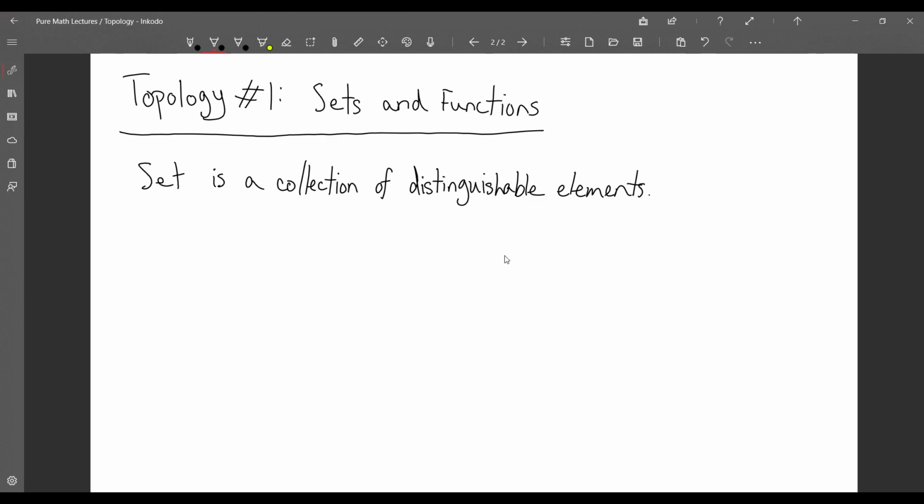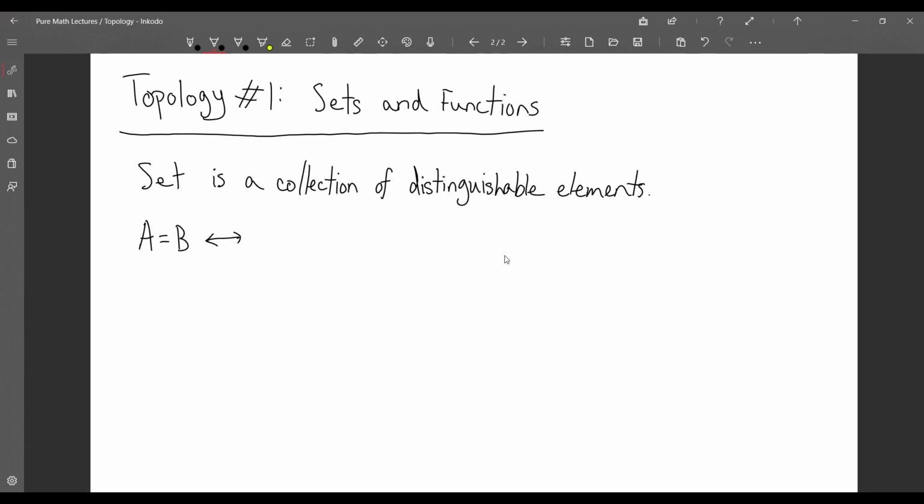And once we have defined this object of a set, we can start talking about how we can relate sets to each other. So when is a set equal to another set? This is actually a theorem in the text that we're using, and it seems kind of silly.